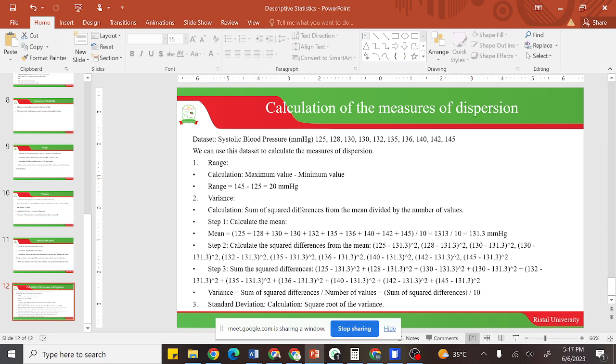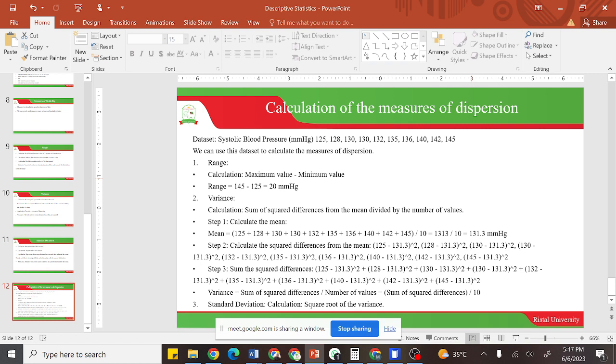So let's look at the example that we have for measures of dispersion. Still we are using hypothetical data on systolic blood pressure. We have taken those measurements: 125, 128, 130, 130, 132, 135, 136, 140, 142, and then 145.